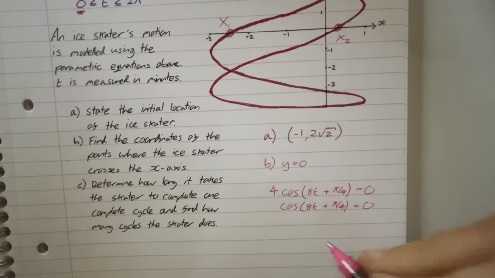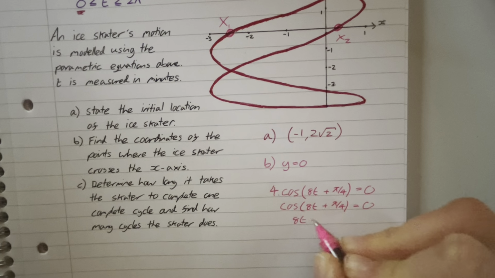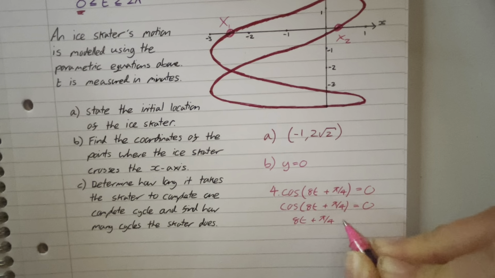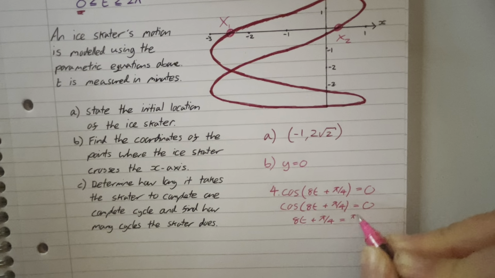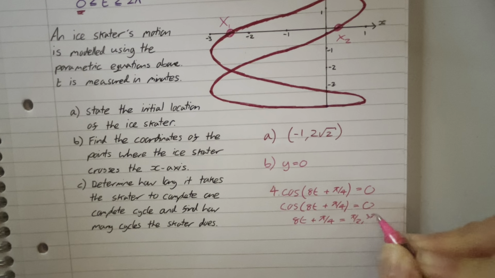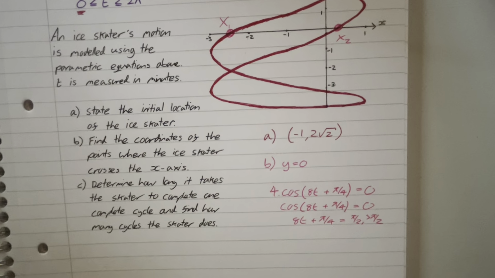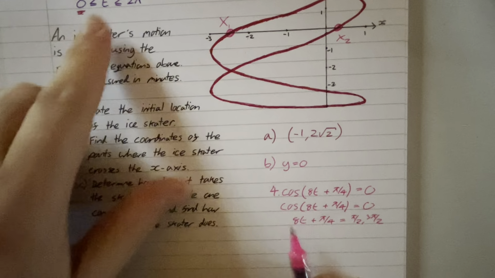And then I can inverse the cosine of that. So I get 8t plus pi on 4 is either pi on 2 or 3 pi on 2. And those are the only 2 values that we can take because those are the only 2 times that the cosine function is 0 between 0 and 2 pi.